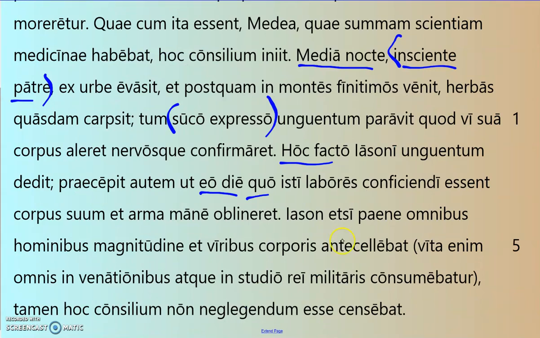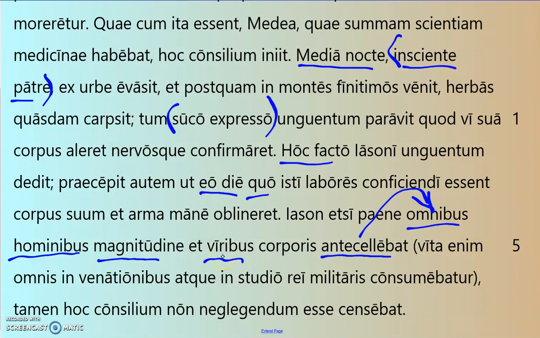Now here we have omnibus hominibus, which is dative, and the reason is that this compound verb takes a dative. He excels, he goes before all others, and those are datives. But then here we have two ablatives of respect. He was excelling all other men with respect to his size and strength. Now, could we say by means of his size and strength?